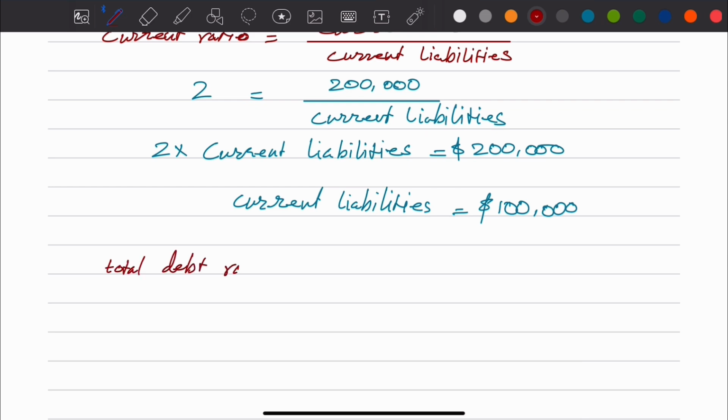Total debt ratio equals total liabilities over total assets.